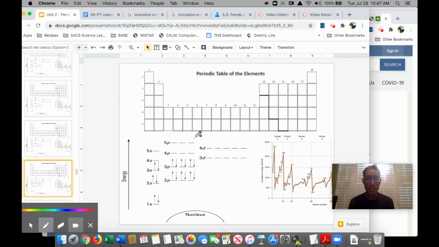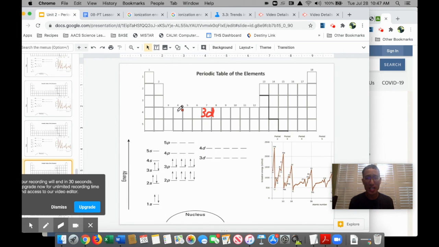Remember, this section is 3d, because as I get to the 3rd energy level, another set of orbitals opens up. We have the 3d energy level available, and so this section here is now 3d instead of the fourth row.